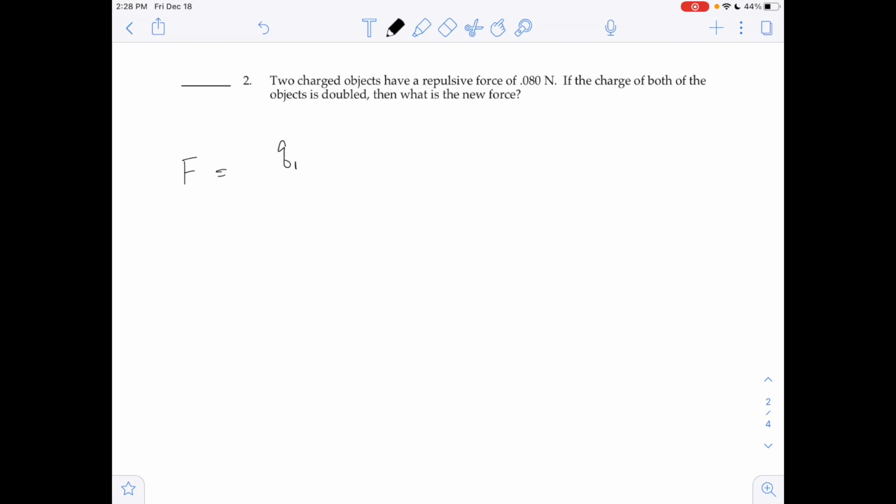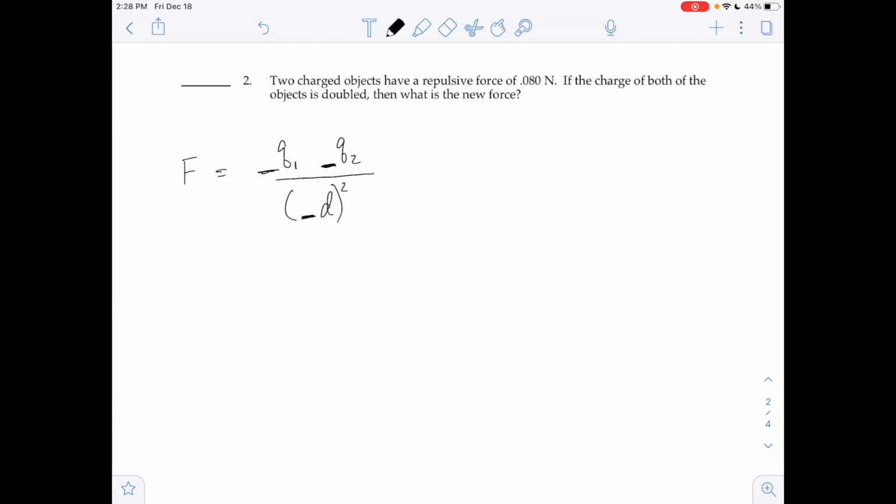Okay, so we're going to ignore the constant, and I'm just going to write out the quantities in that formula other than that constant. So we have Q1, Q2 over distance squared. Okay, and what you can do to solve these is we're going to put a blank spot in front of these for the factor that we're multiplying those by.